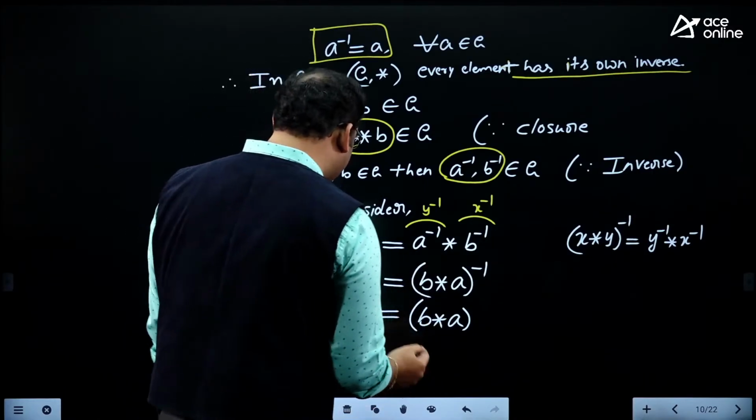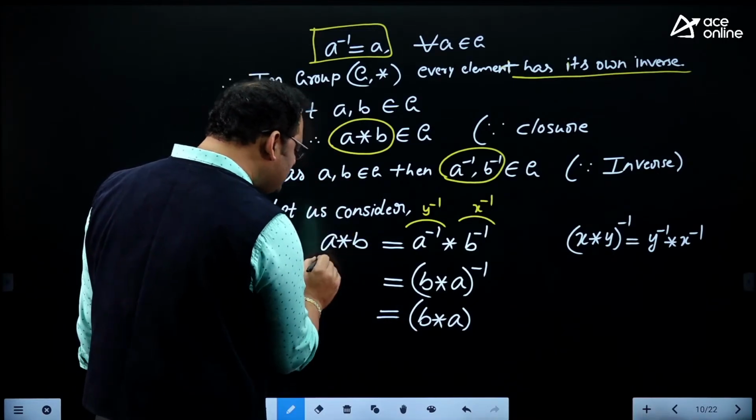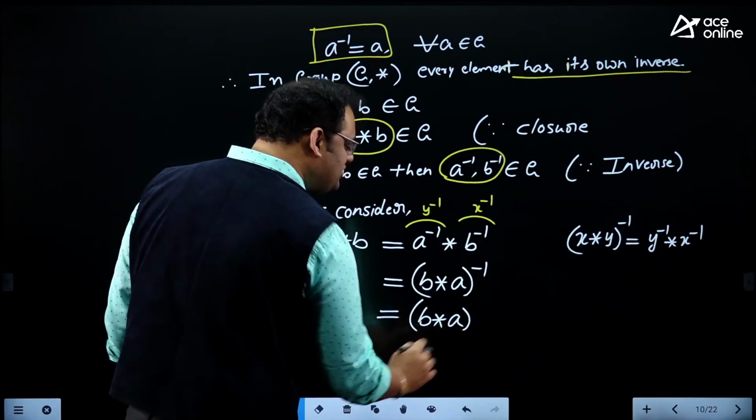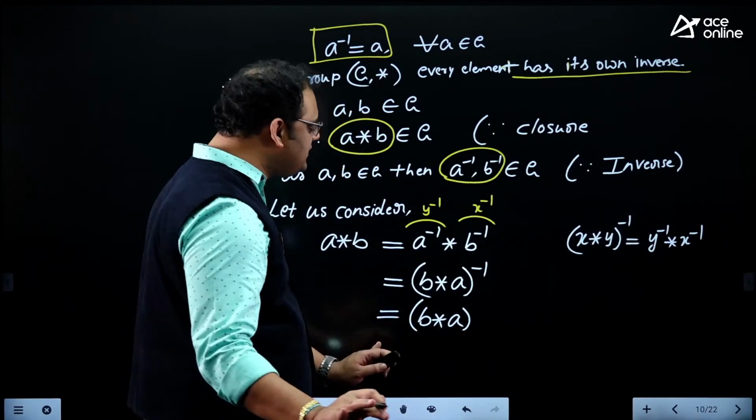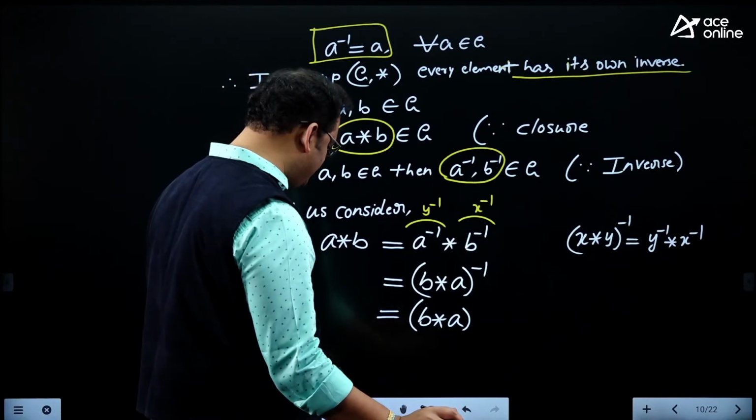Yes, sir, I reached the target, something I got. A star B, random elements I have taken in the given G. A star B is equal to B star A for all A, B, which means that we have completed the task, that G is an abelian group.